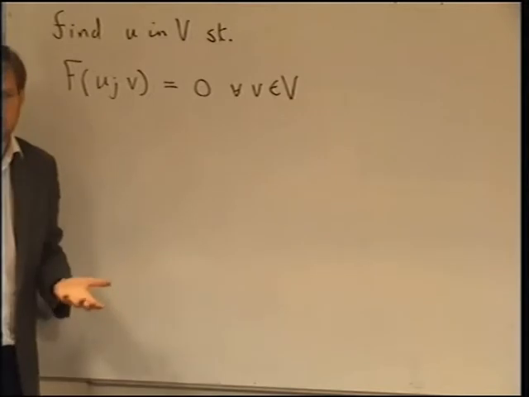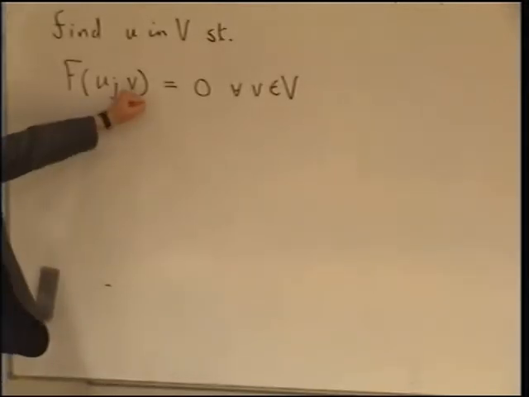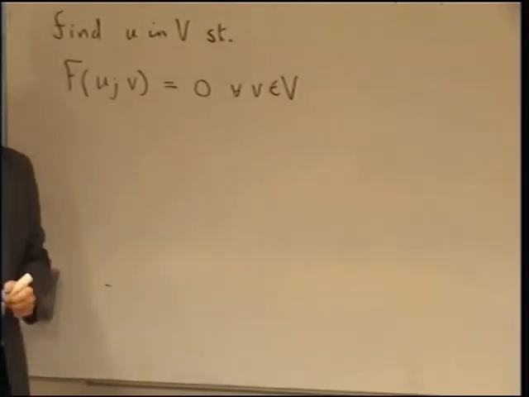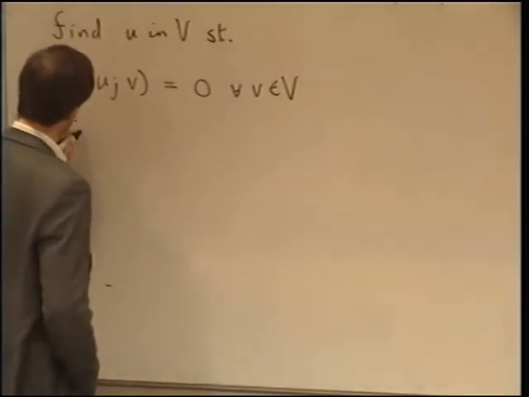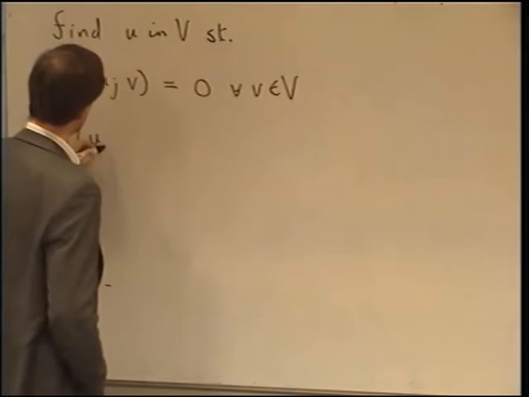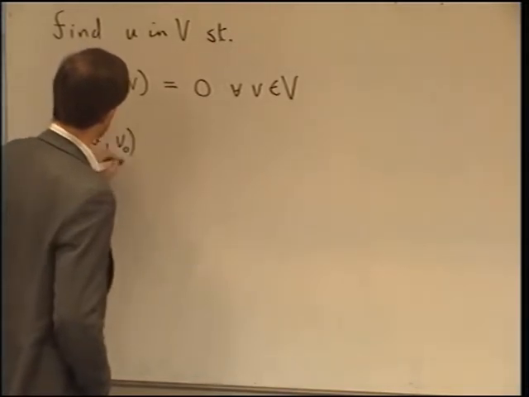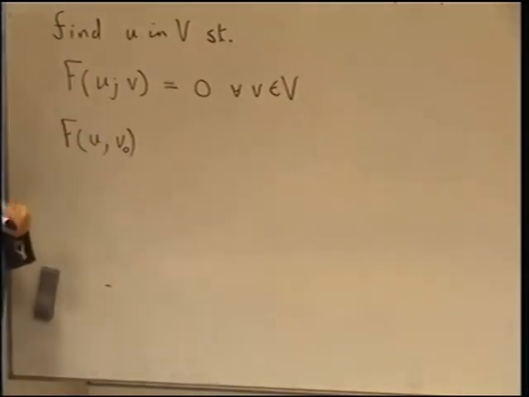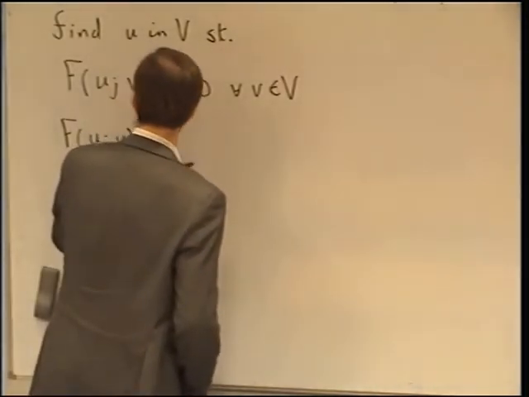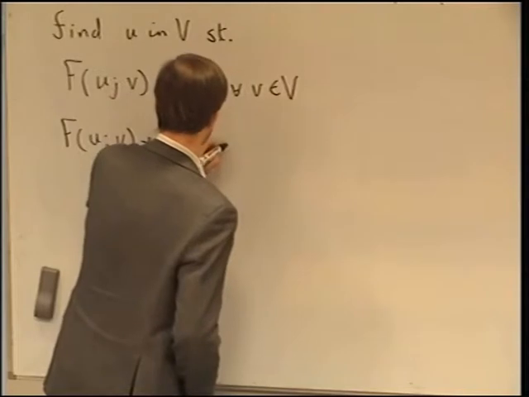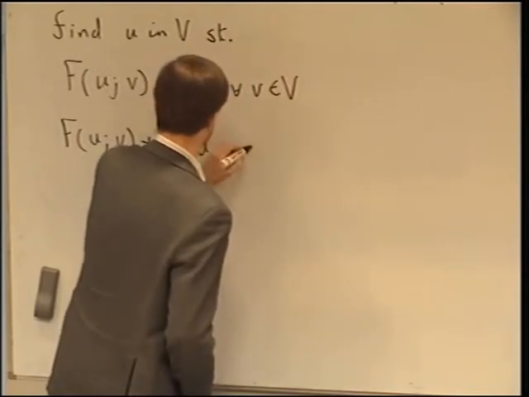Integration by parts can't change that for you. So this guy is always linear, and that means that we can always write f of this part plus f of the boundary part.